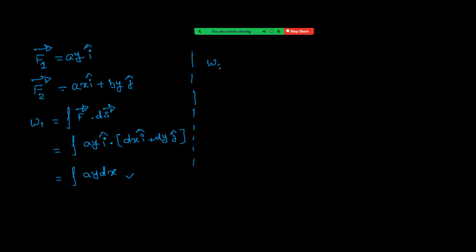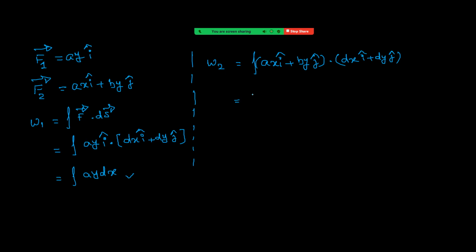Let us see the next one. W2 is the integral of F bar dot ds bar, where F bar is Ax i cap plus By j cap, and ds bar is dx i cap plus dy j cap.